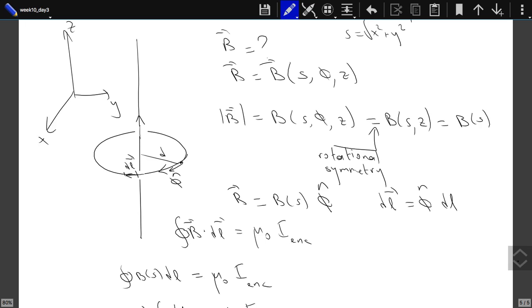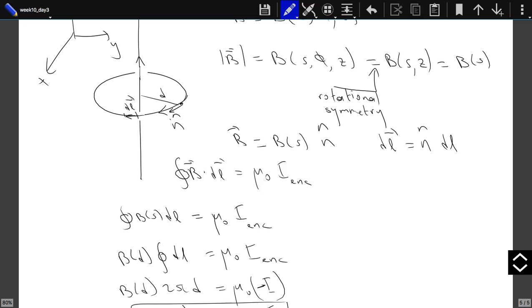You are free to choose the direction of dl. Okay. Let me choose it, and everything else will be exactly the same. It's just naming.